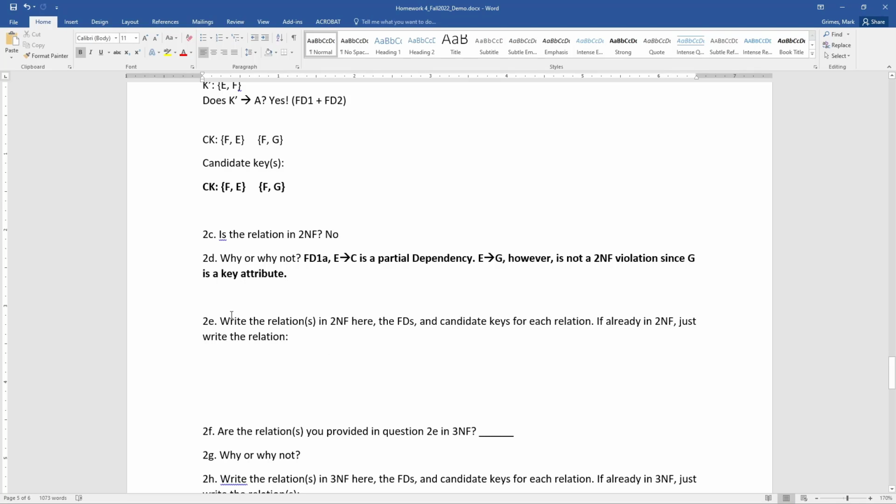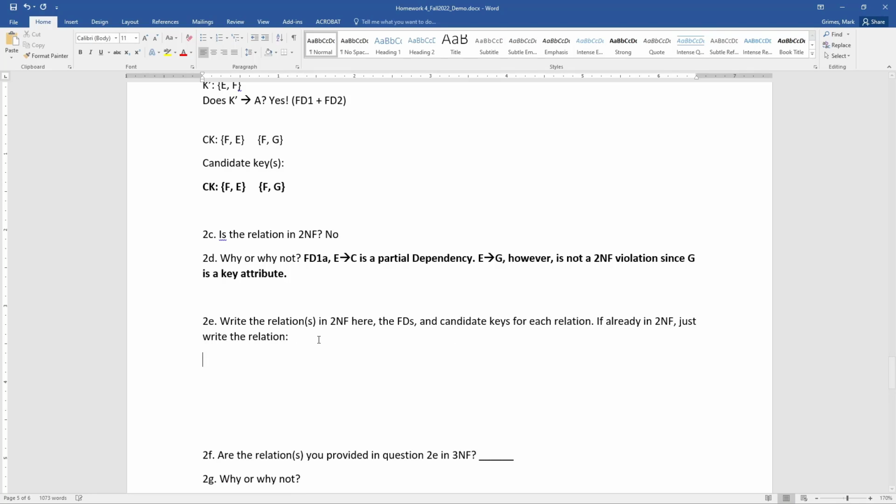Now 2E, write the relations in second normal form here with the functional dependencies and candidate keys for each relation.